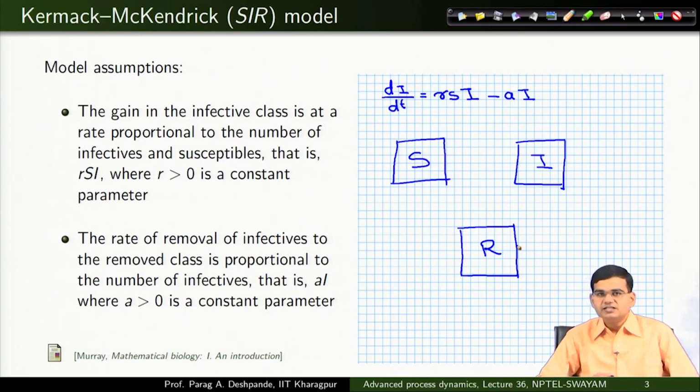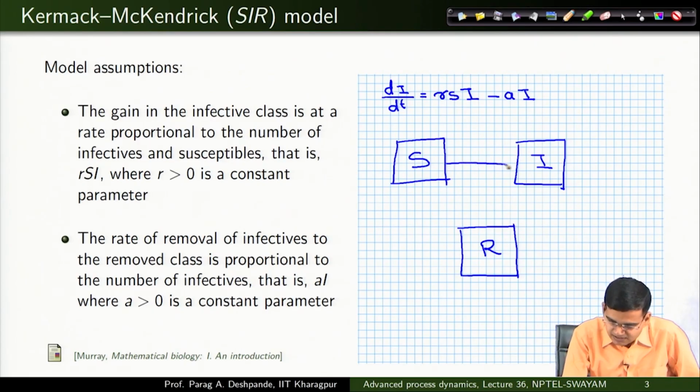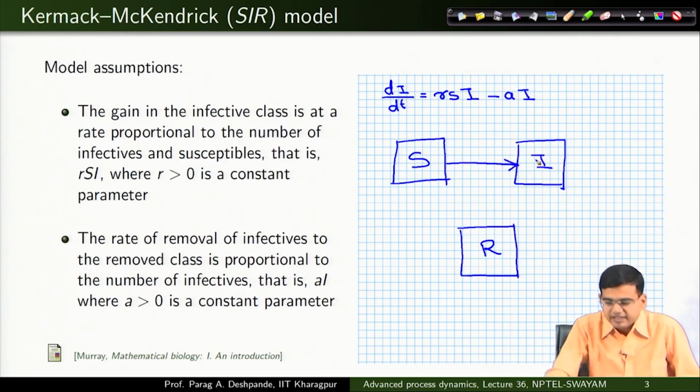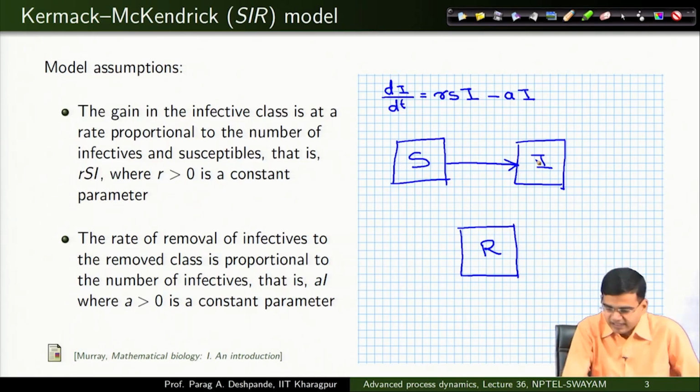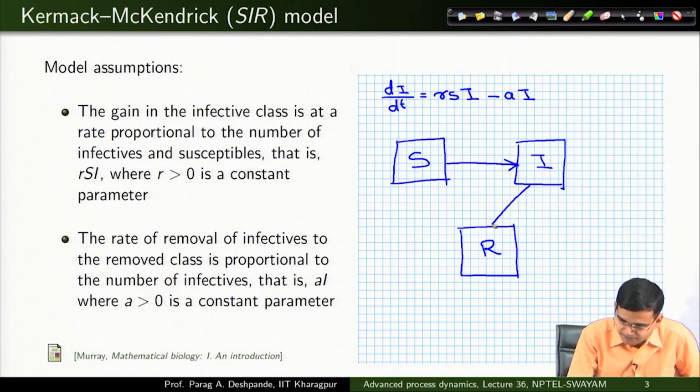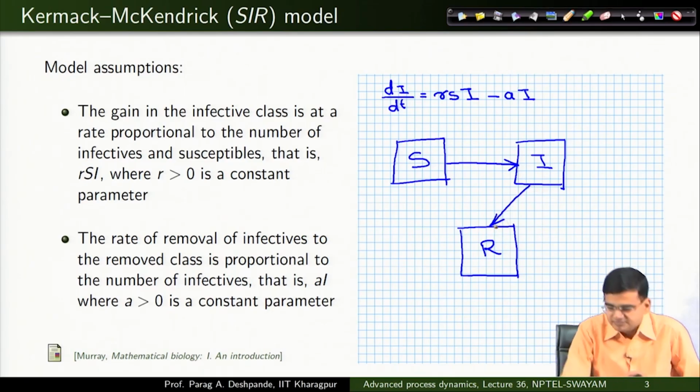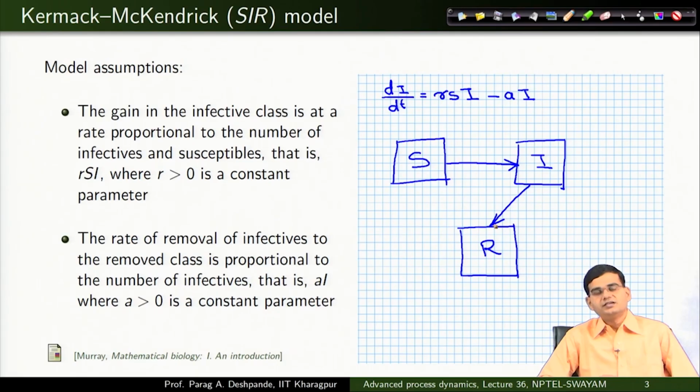I know that susceptibles are the ones which would become infected. So, S will have an arrow directed towards I, right. Now, infectives would ultimately get recovered or removed, right. So, I can draw an arrow like this. Can I have any more arrows? For example, can I have R going to S?